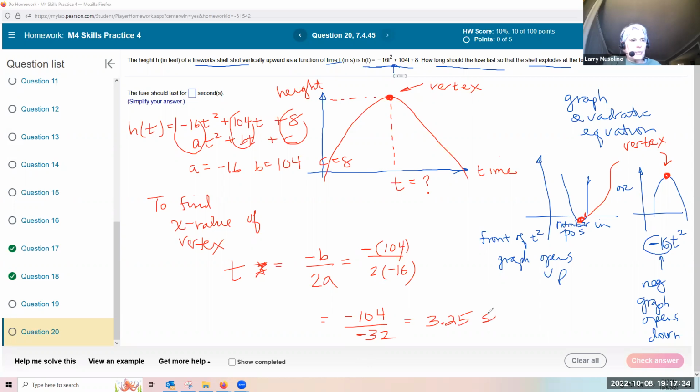So it's going to take 3.25 seconds. So our answer here is 3.25 seconds. It's going to take about 3.25 seconds for this fireworks to reach its maximum height. So the fuse should burn for 3.25 seconds in order to have the fireworks explode at the very top of its trajectory.